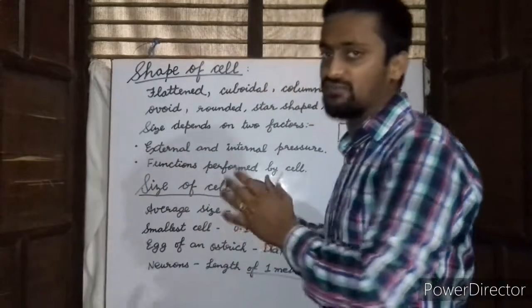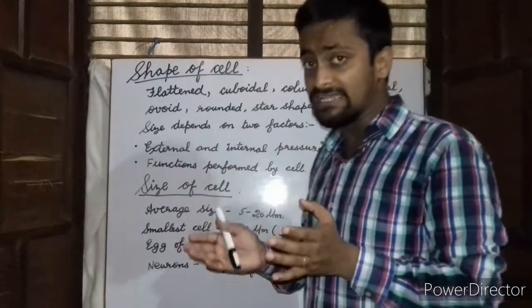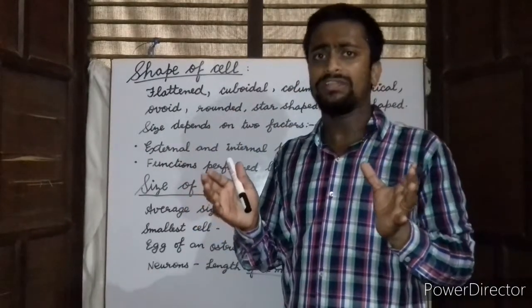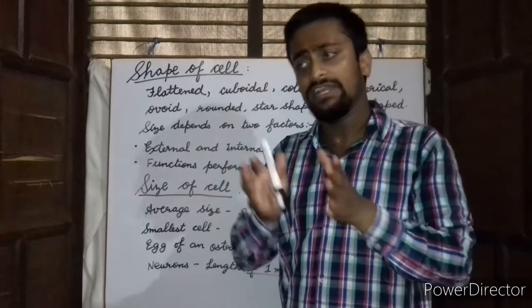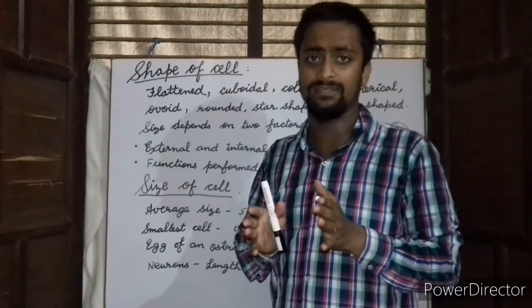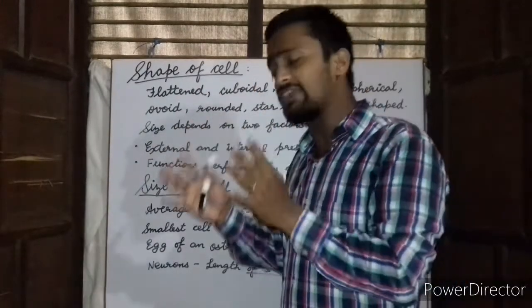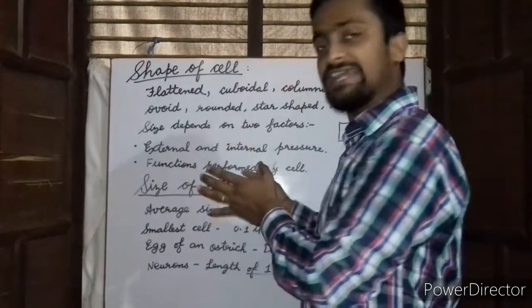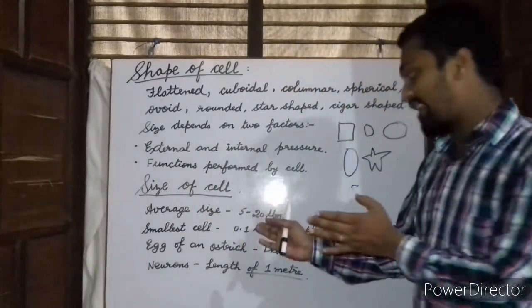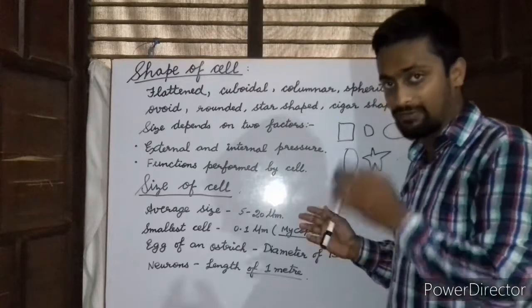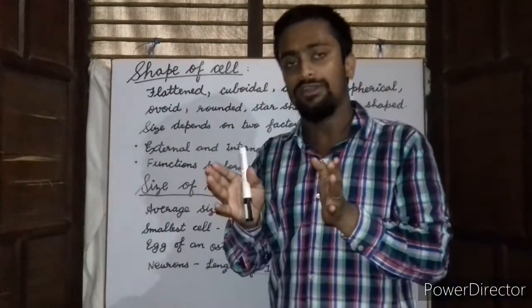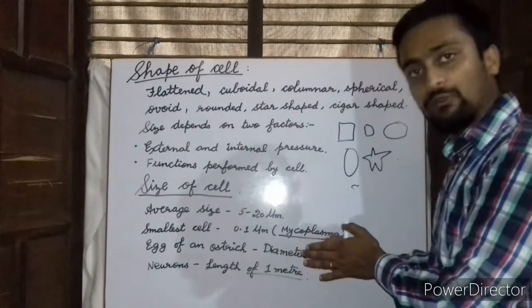Second is the size of the cell. Some cells may be so small that they cannot be seen with the naked eye. They require a microscope to be seen. However, some cells are large enough to be seen with the naked eye. The average size of the cell is actually 5 to 20 μm. However, the smallest cell is of 0.1 μm only, and it is of mycoplasma.